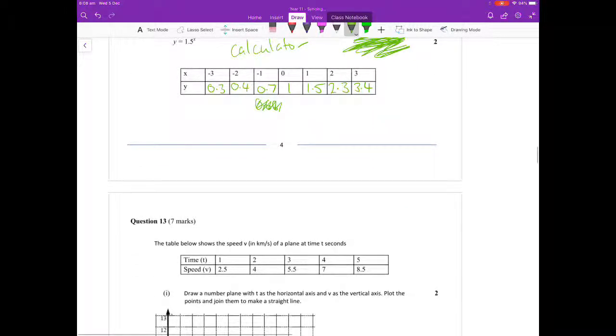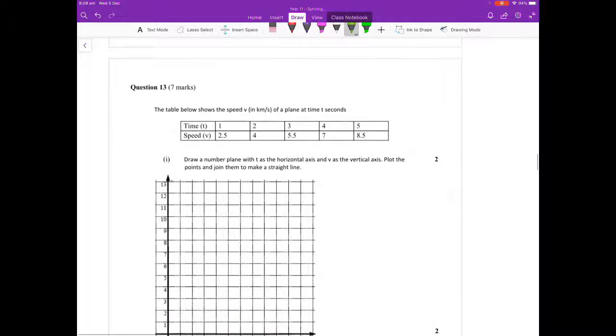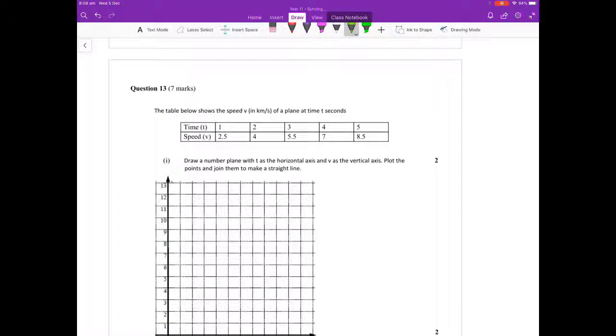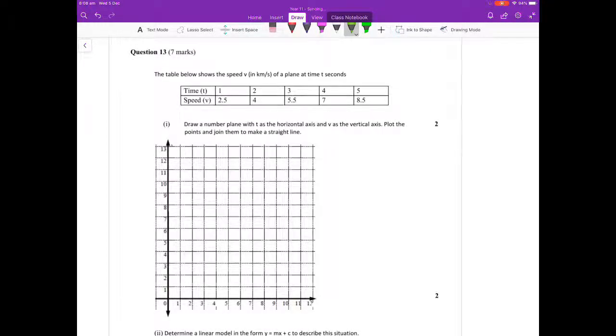Now, next thing, number plane, horizontal axis T, vertical axis V. Please don't draw it the other way around. It's been very specific in the question asking you to go that way. Vertical V, horizontal T. Now we're going across 1. We're going up 2.5, and that's where our first point is.